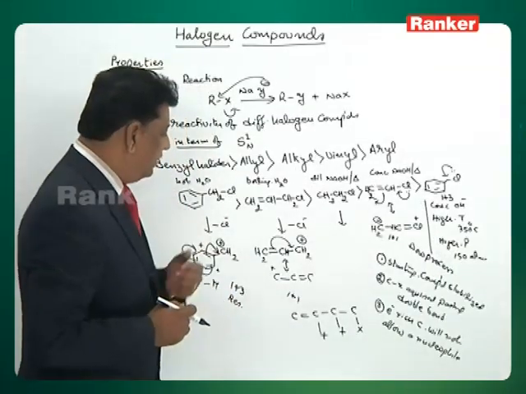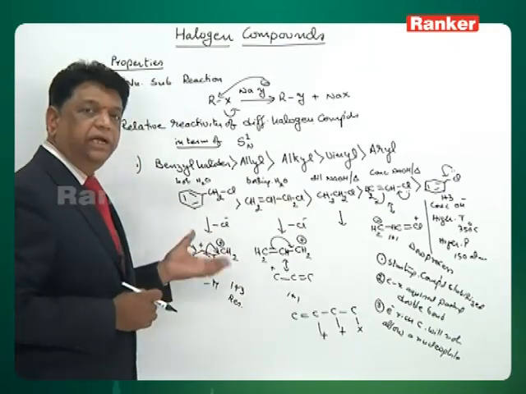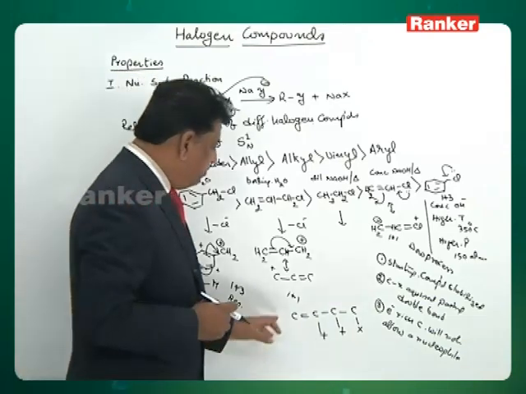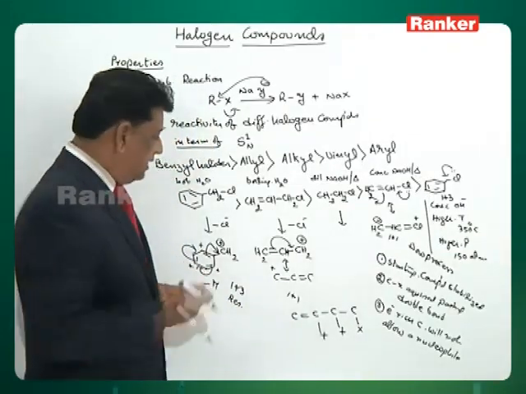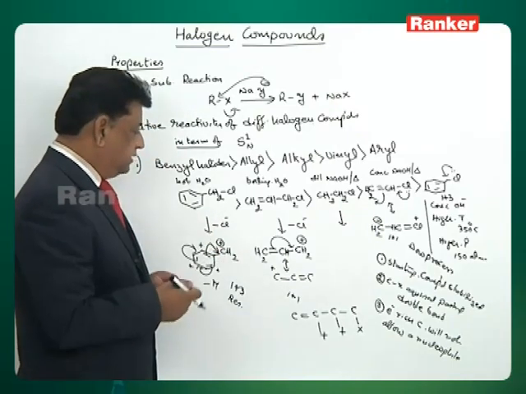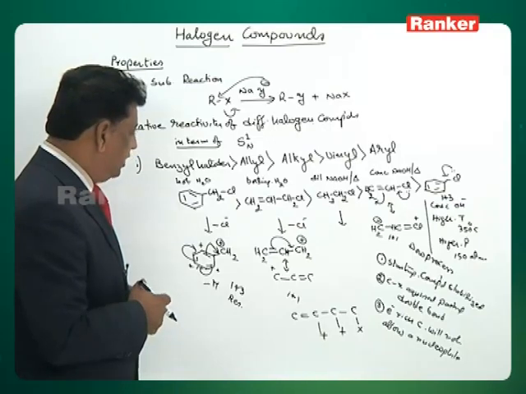That is the order. Like that, different compounds can be chosen and asked as questions. Or in one compound you can have three different halogens, numbered X1, X2, X3, and which halogen is more reactive can also be asked.